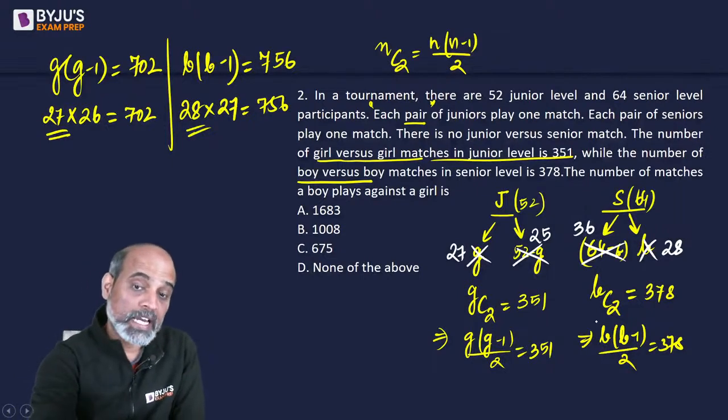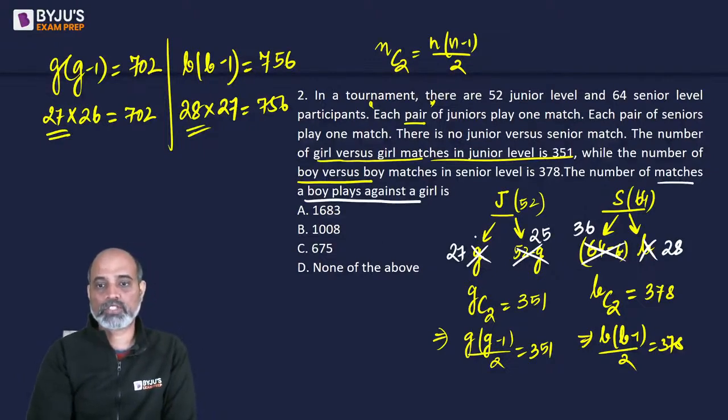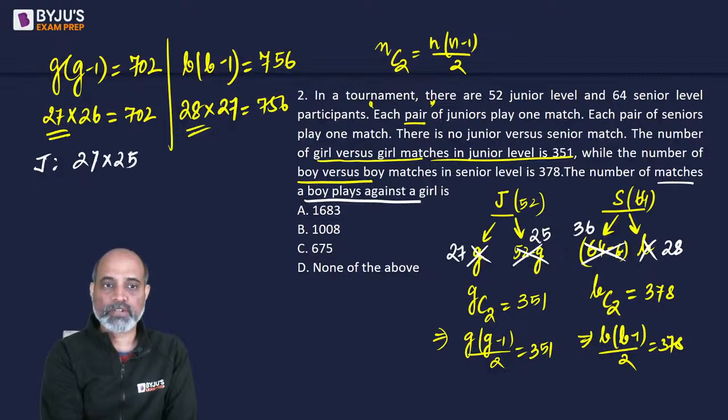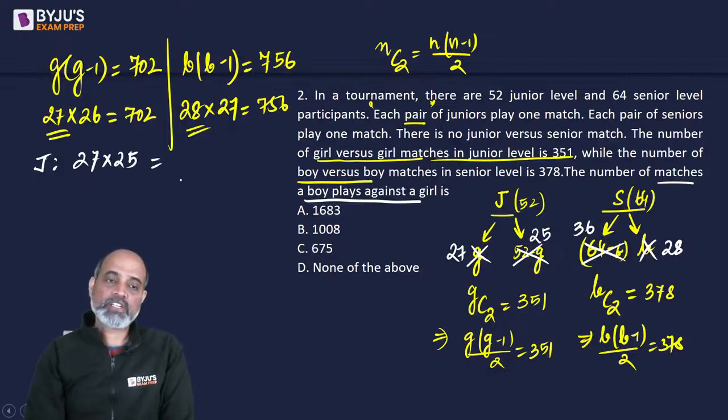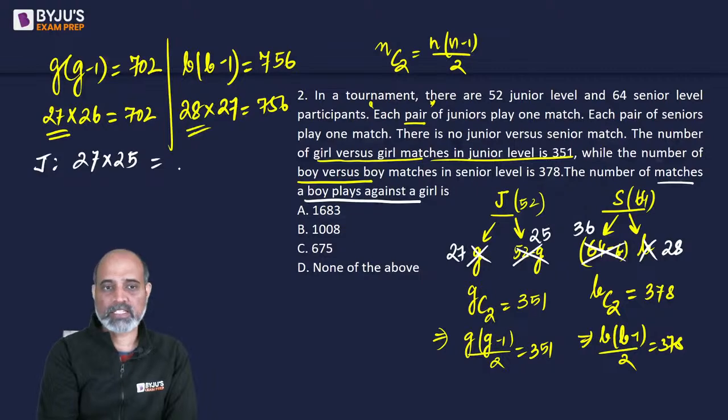Now we have to calculate the number of matches a boy plays against a girl. So the number of matches that junior level boys will play against the girls will be 27 into 25, right? Suppose this had been 24 into 25, that would have been 600. So 27 into 25 will be 675. And at senior level, it's going to be 36 into 28.